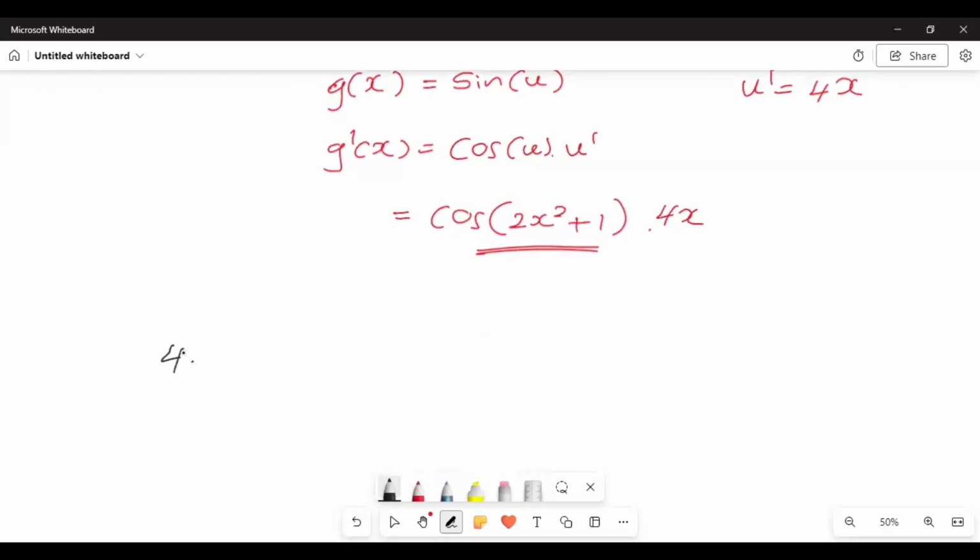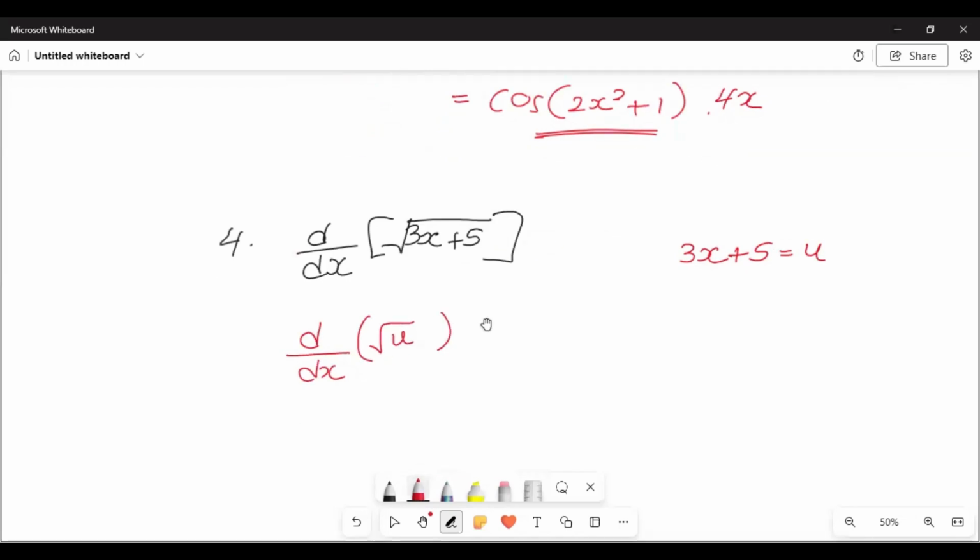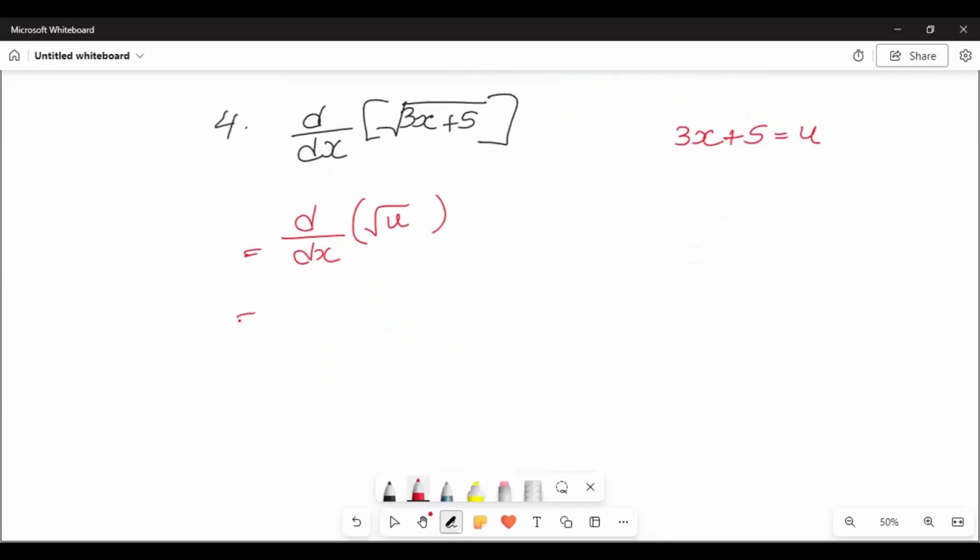Question number 4. d over dx of the square root of 3x plus 5. So for that, we can assume 3x plus 5 equals u. So you can write it like this: d over dx of the square root of u. That's going to be d over dx of u to the power of half.